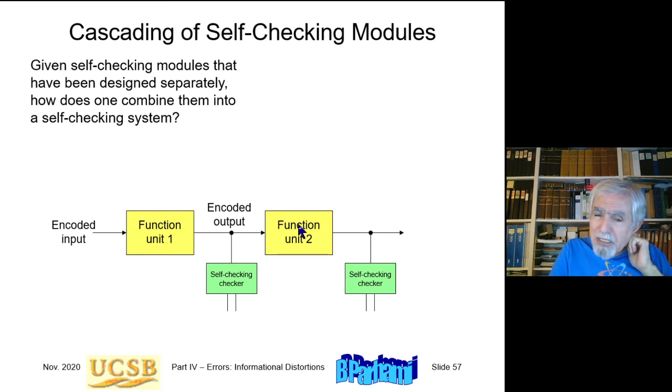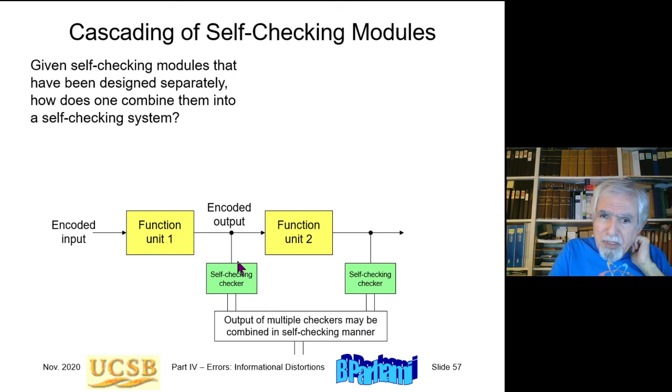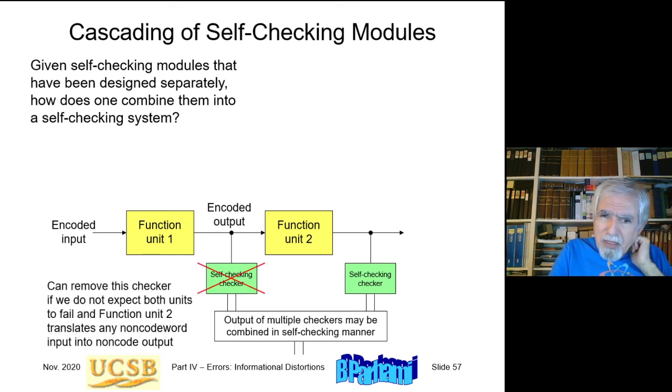If that's the case, if it has been designed for that, I can remove this checker, save some hardware. So if function unit 2 is of a kind that it translates an input error into an output error, then there's no need to check this here.